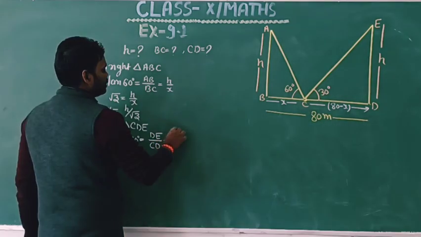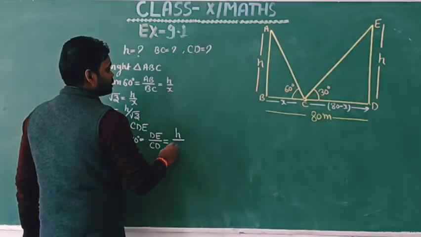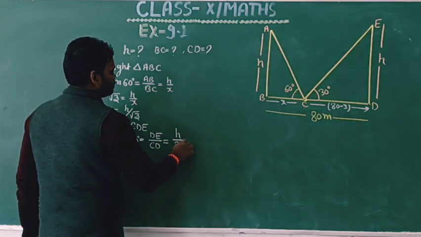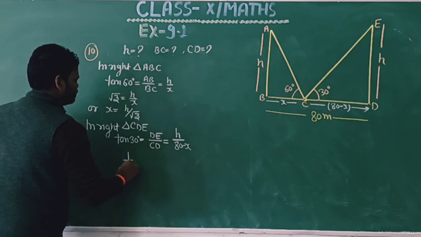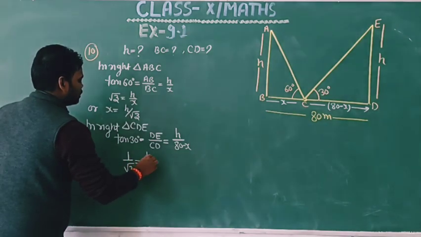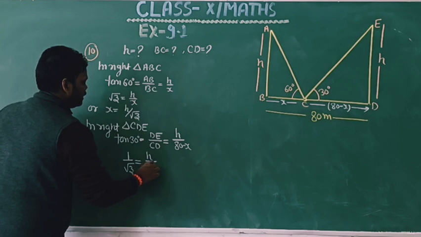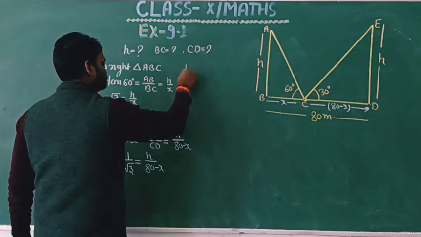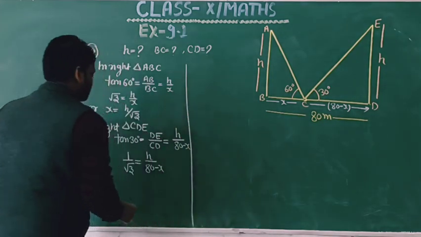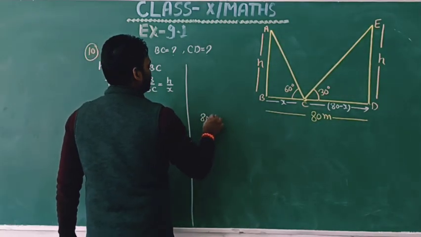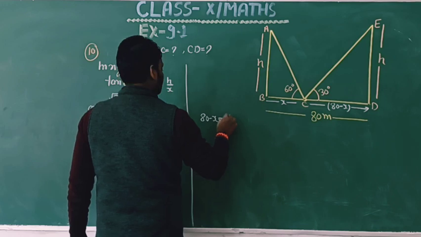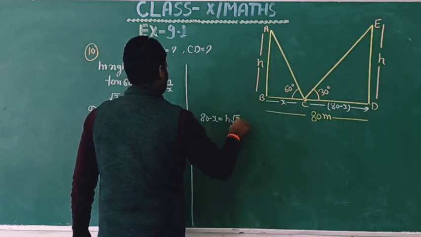So DE is H and CD is 80 minus X. So tan 30 is 1 upon root 3 equal to H upon 80 minus X. Now cross multiply. So 80 minus X equal to H root 3.